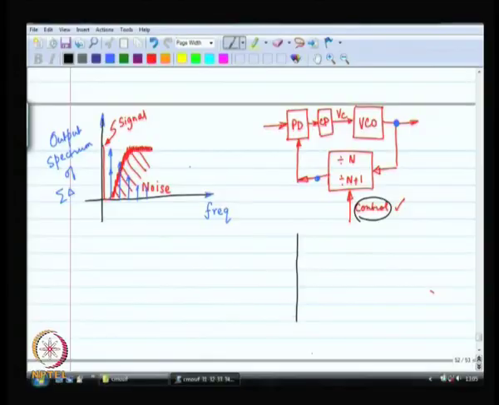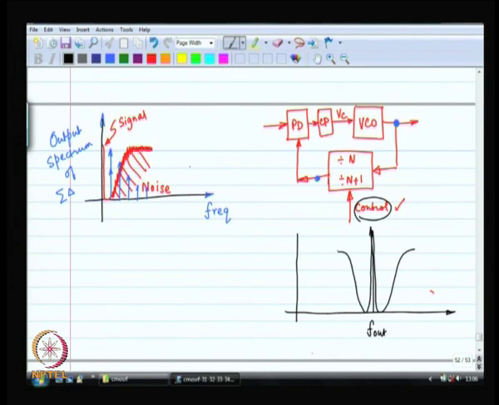You are just modulating the signal at the output frequency. So, this F out corresponds to your DC and around F out you are going to see junk because of the quantization noise of this sigma delta modulator.